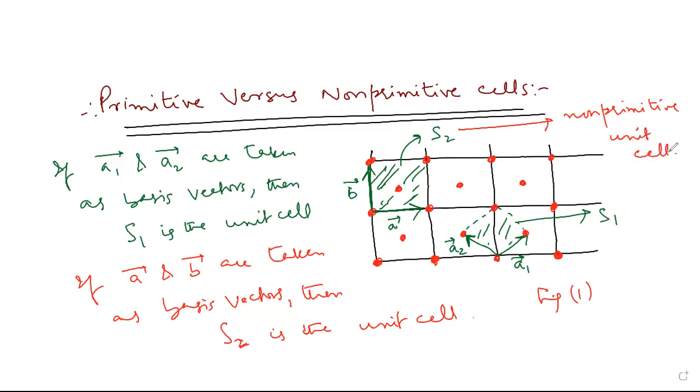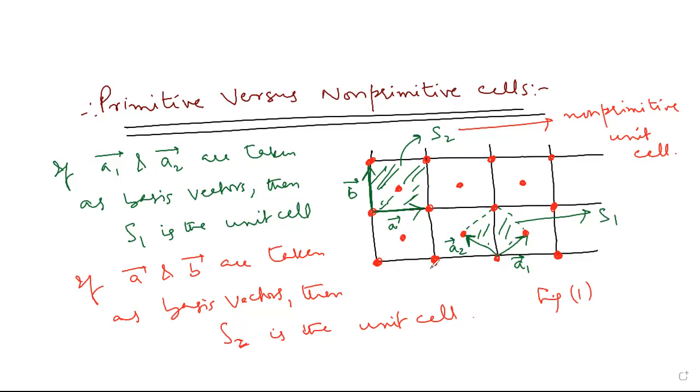I hope you got the point. In primitive cells, the lattice points are only at the corners but not within. So S2 is a non-primitive unit cell.